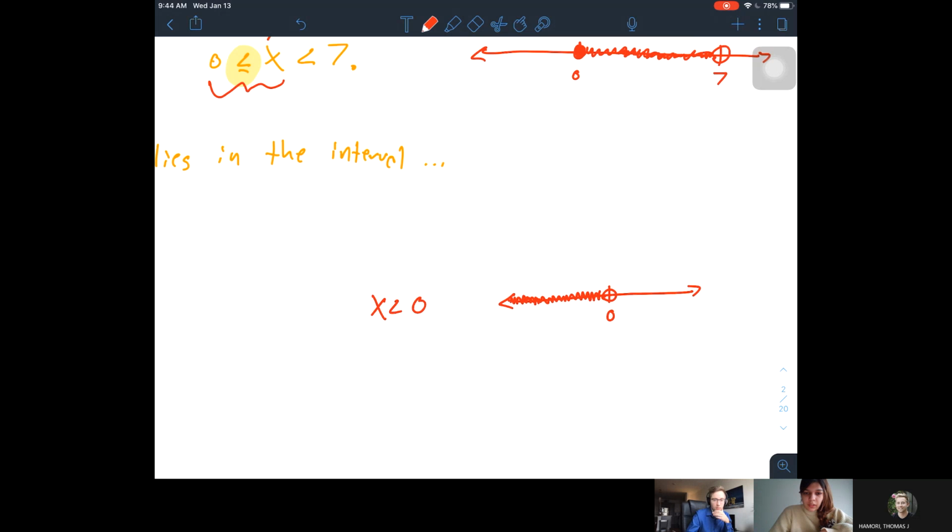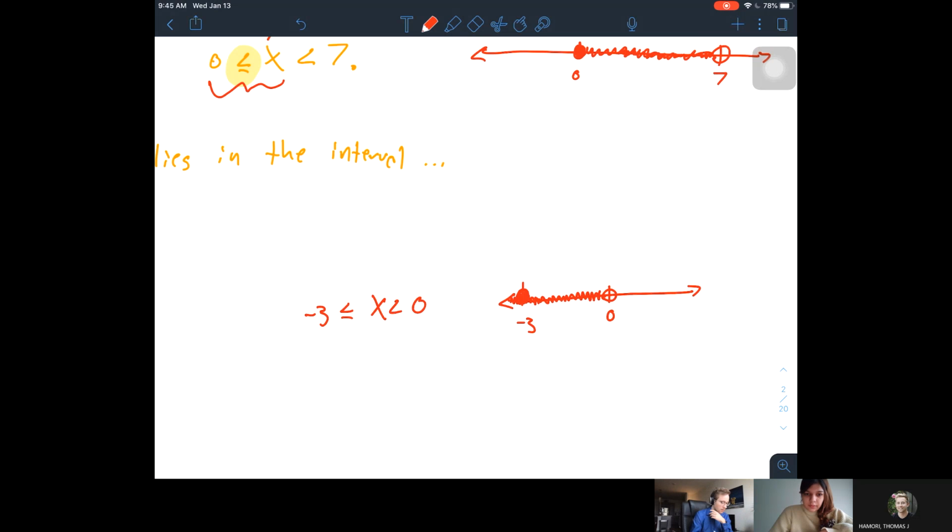There's no closed dot in this case, unless we were to put something like this, in which case we'd put a closed dot here and call that -3.